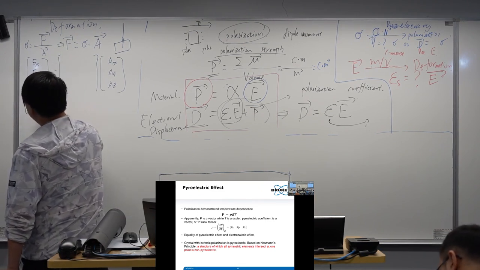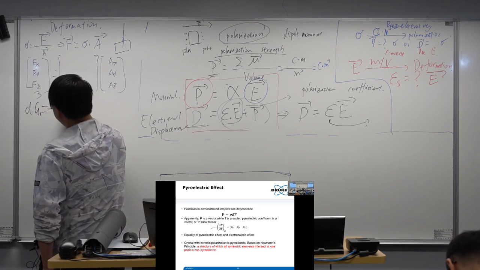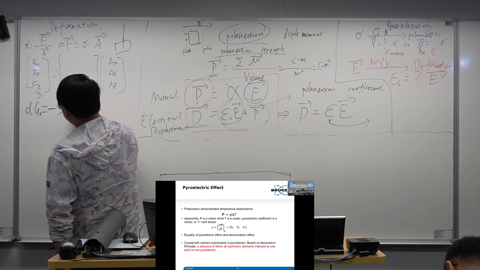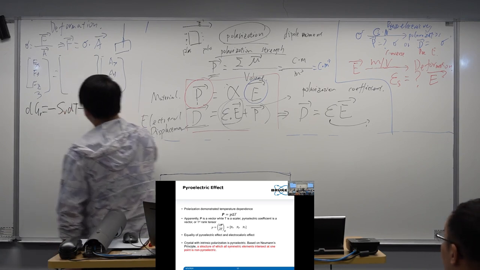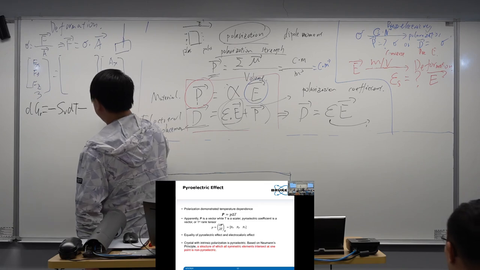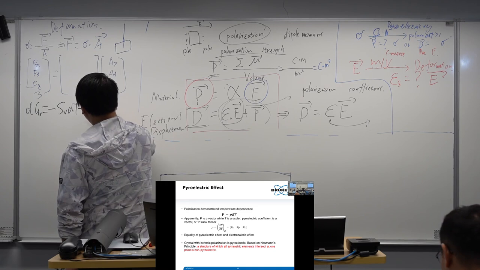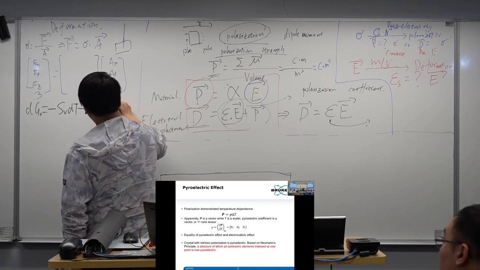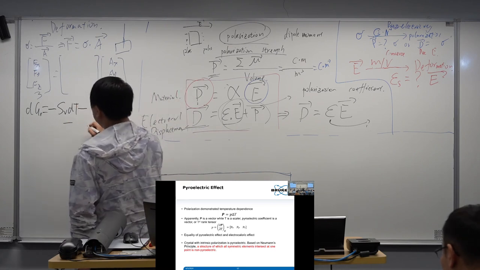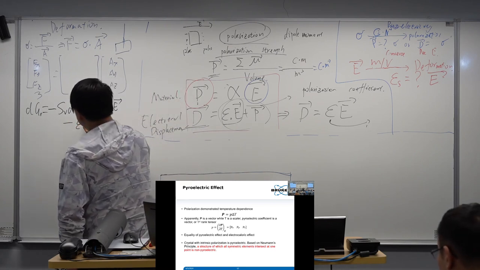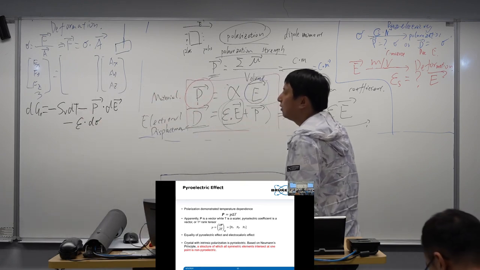The Gibbs energy is the negative entropy times temperature, minus polarization times the electric field, minus strain times stress, something like that.